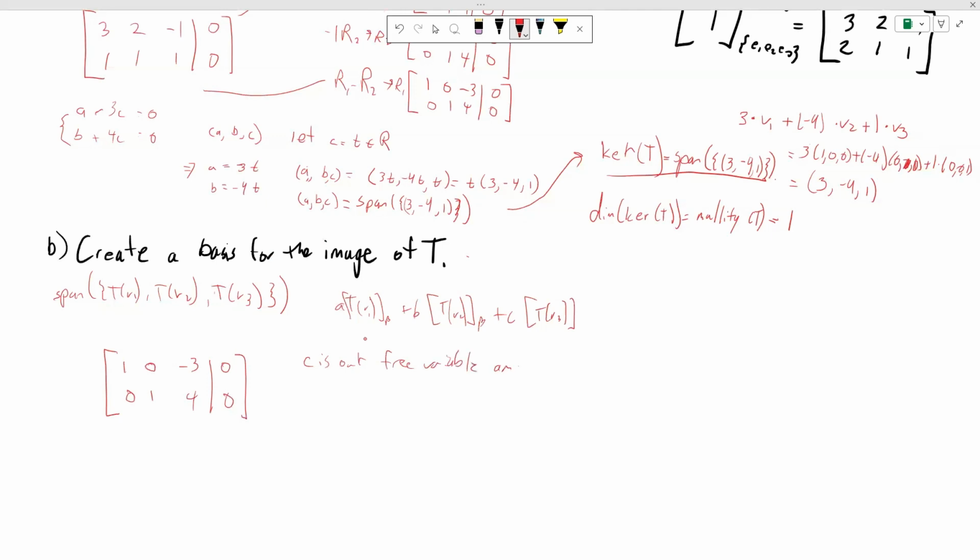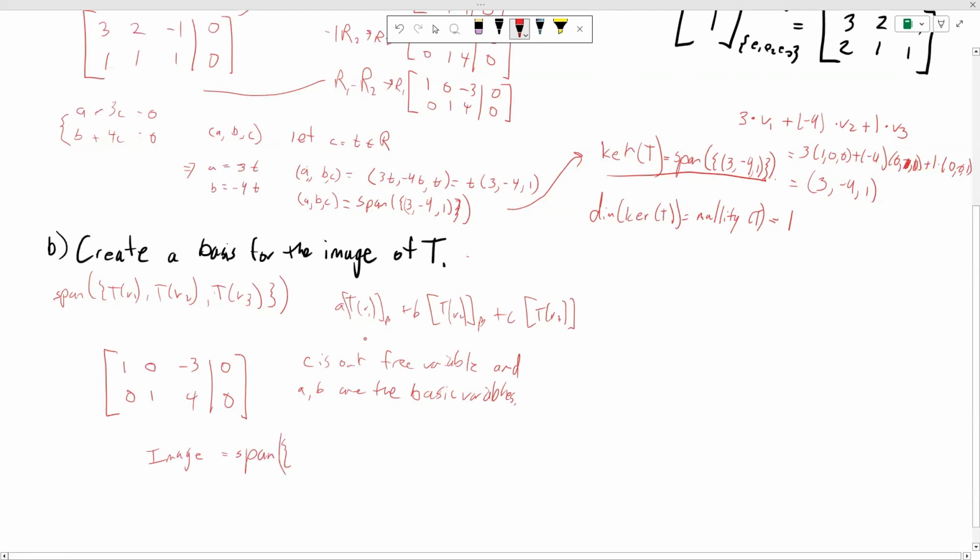And a and b are the basic variables. So our image is going to equal the span.